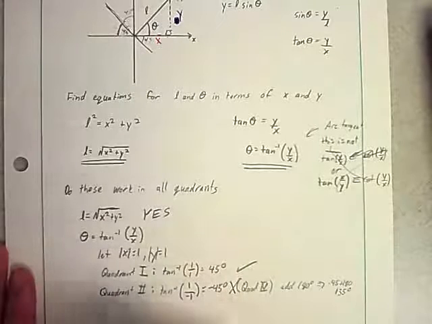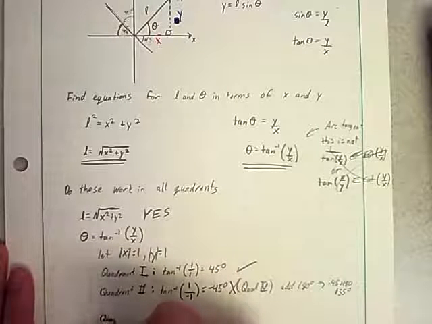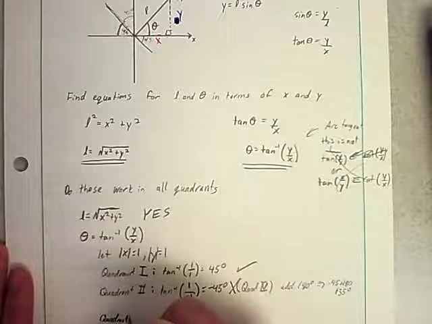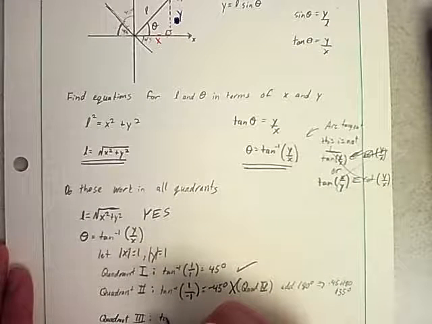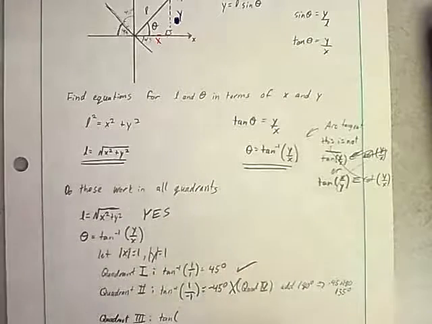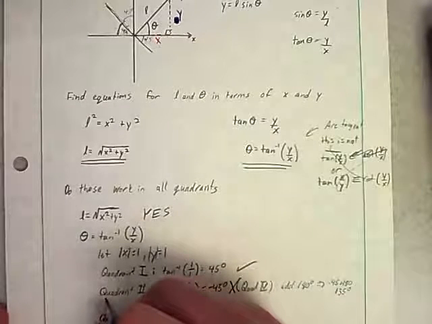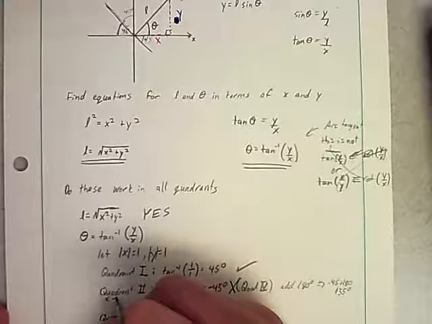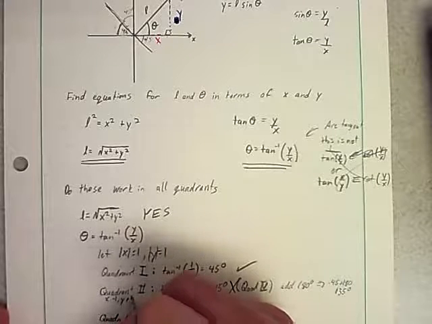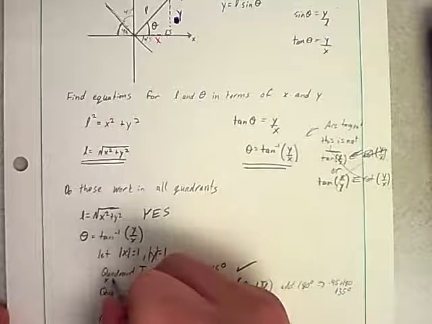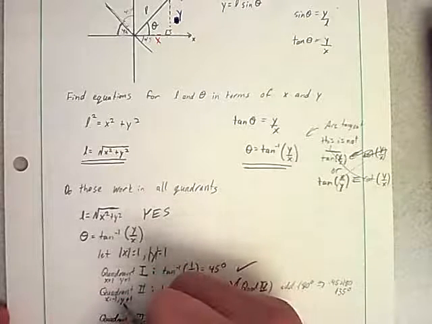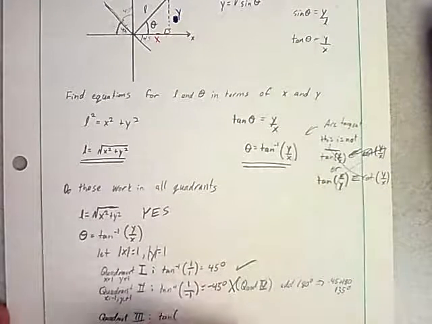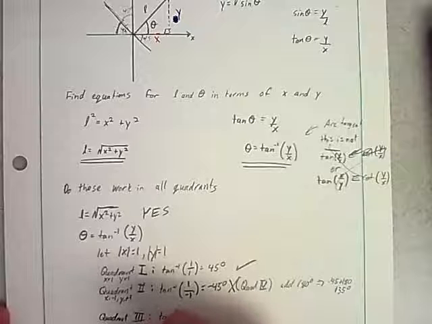Similarly, quadrant 3, let's try one there. If we do a tan inverse, so in quadrant 3, x is going to equal -1, y is going to equal -1.